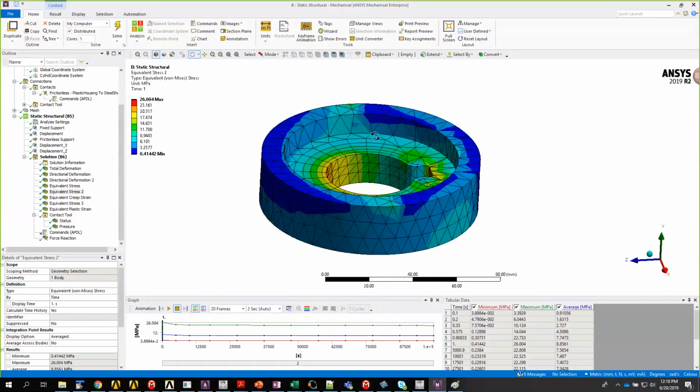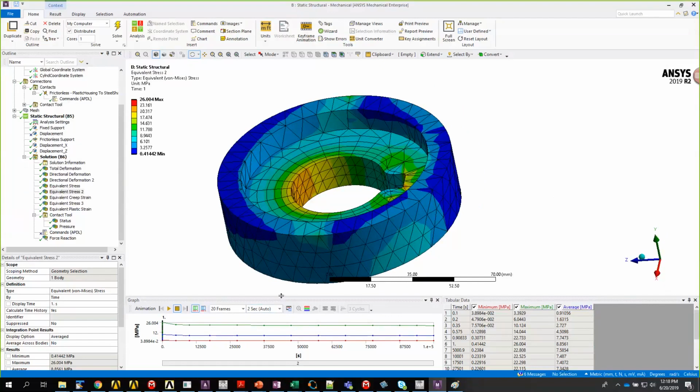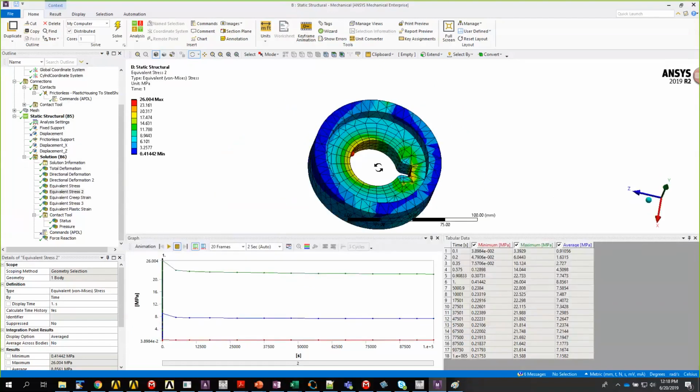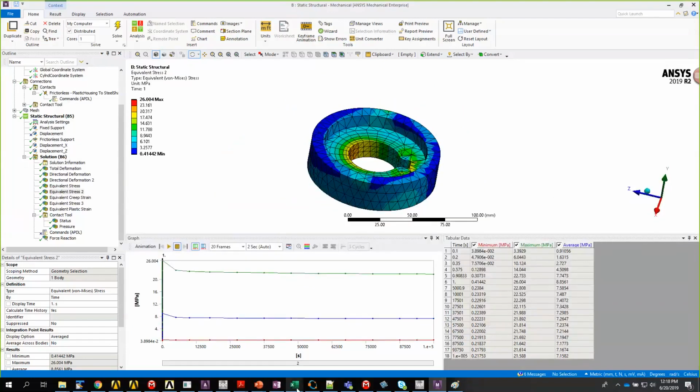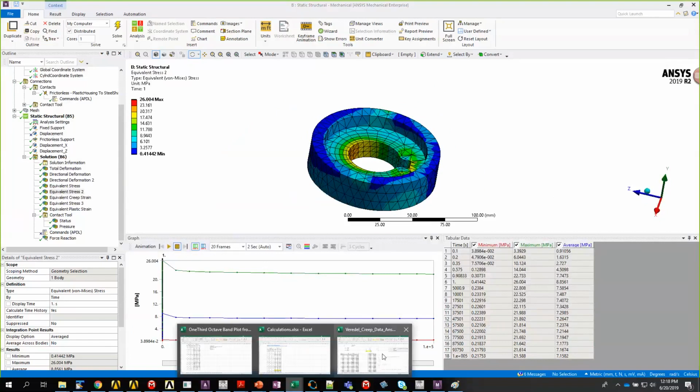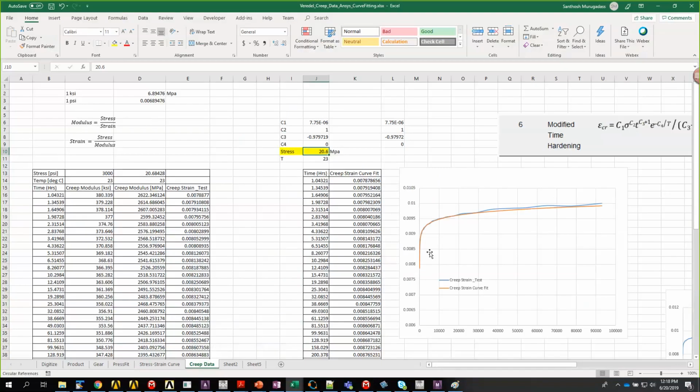That's another piece of information that you need to consider while collecting the creep test data to do this kind of analysis.